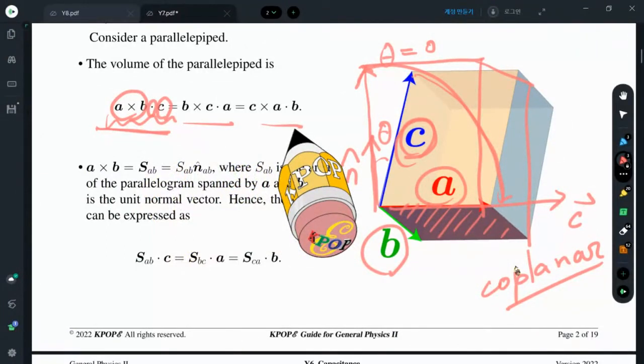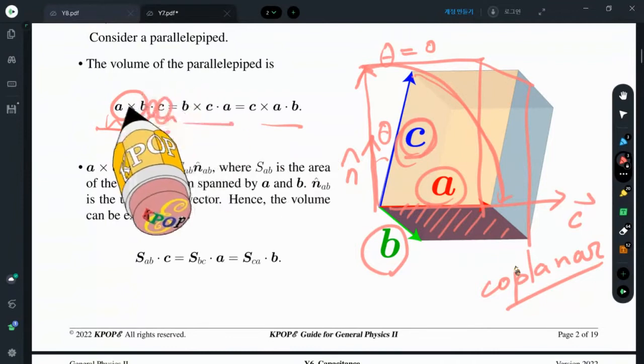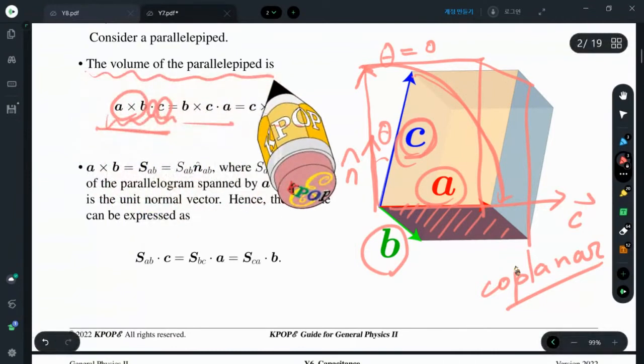Sometimes you would get a negative sign depending on the orientation, so you have to be careful about the sign, except that the absolute value of a triple scalar product represents the volume of the parallelepiped.